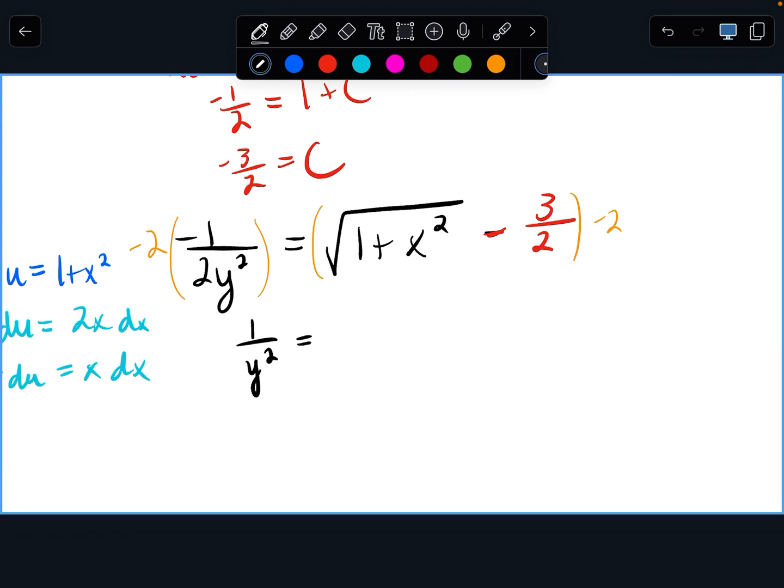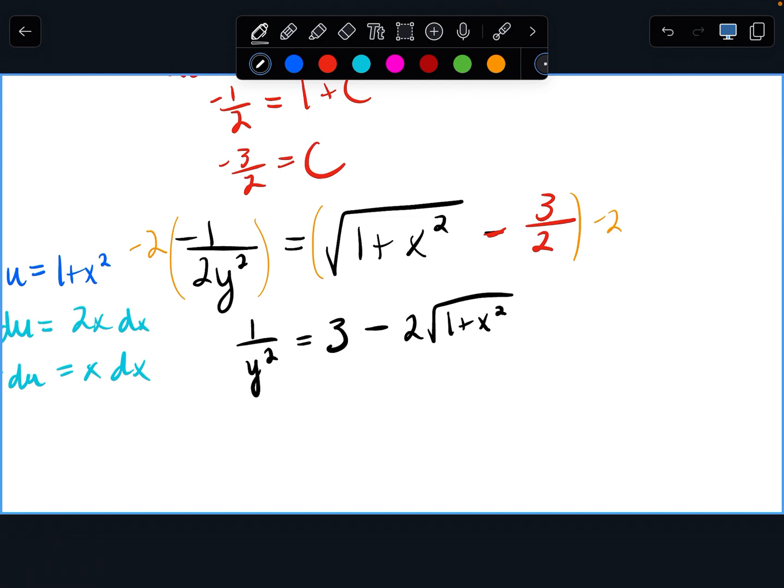And then, because I like making it cute, I'm going to put the 3, because 3/2 times negative 2, and it's negative, so I'm going to put a positive. And then this becomes negative 2 root 1 plus x squared. So I distributed the negative 2, but I like when it says minus to make it look cuter.